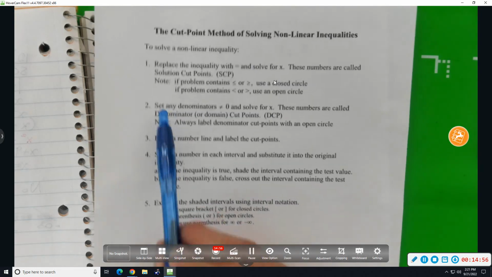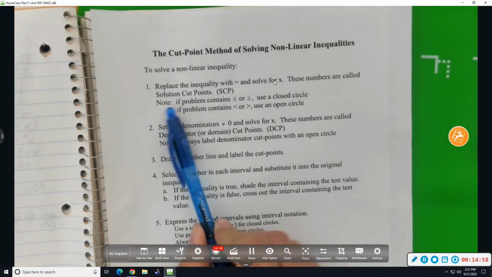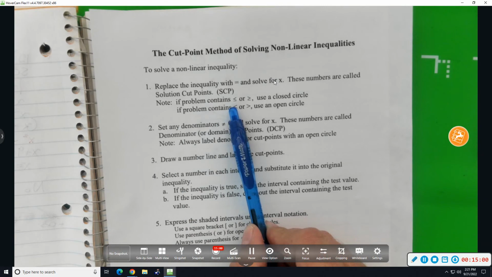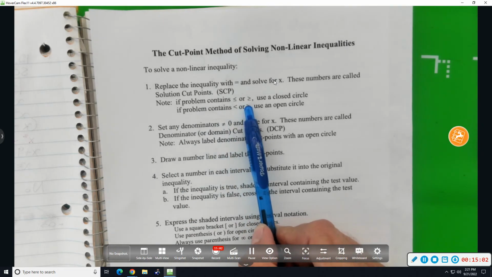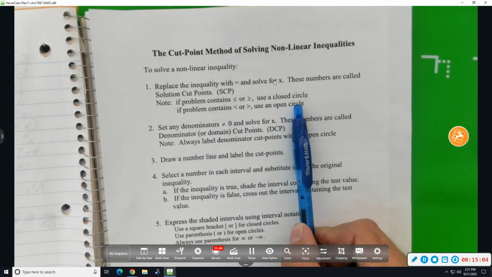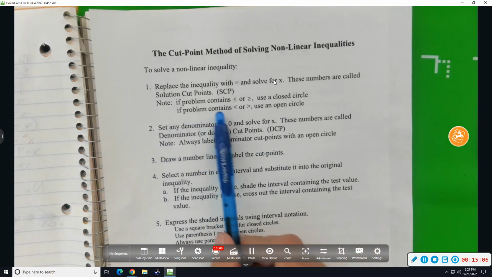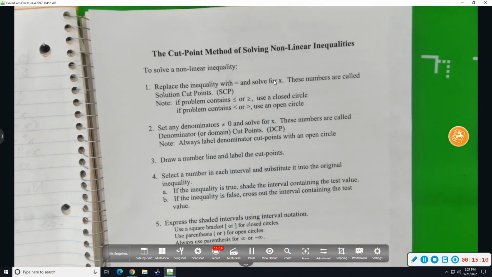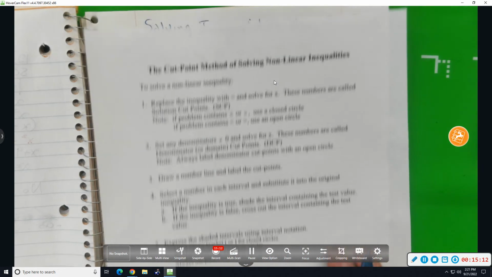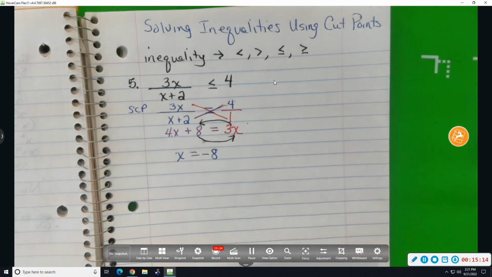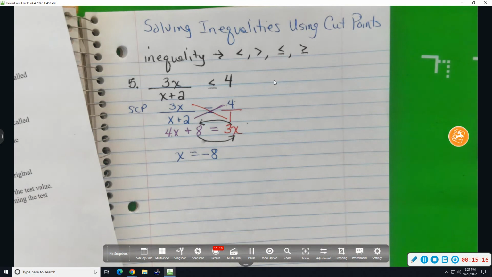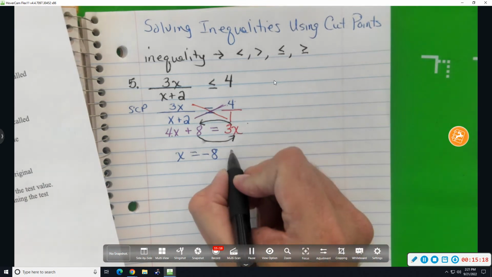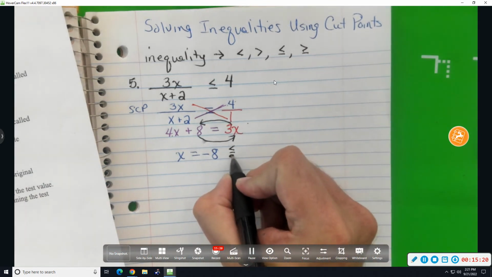Under where it says note, if the problem contains a less than or equal to or a greater than or equal to, use a closed circle. If the problem contains just a plain less than or greater than, use an open circle. So what are we going to put here? A closed circle. So let me make a note of that. There was an equal sign, so it's going to be a closed circle.